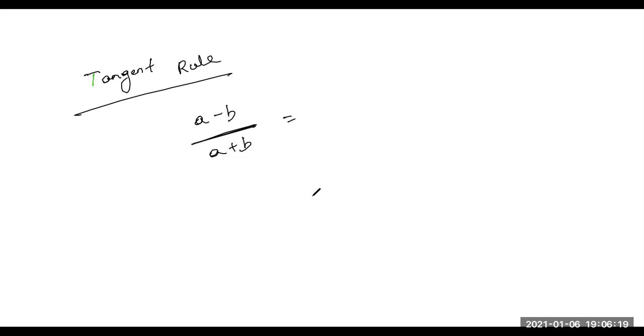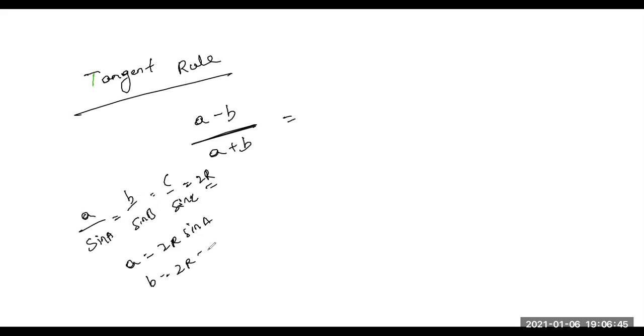Before converting that, from the sine rule you know a by sine a is equal to b by sine b is equal to c by sine c. You can equate these three things to 2r, some constant. So you can write a is equal to 2r sine a, and b is equal to 2r sine b.